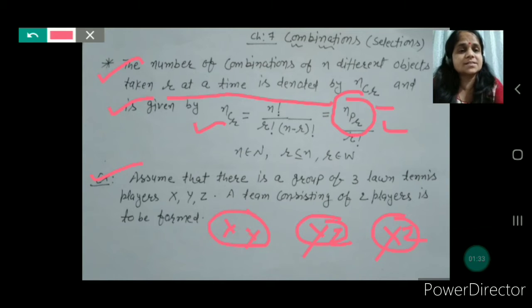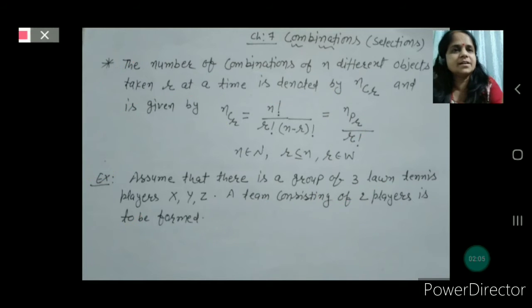Order doesn't matter, it means that the team XZ or ZX is only one team, same as YZ or ZY, XY or YX. So from 3 players, a team consists of 2 players, and the combination is 3. We can find this combination by taking 3C2.